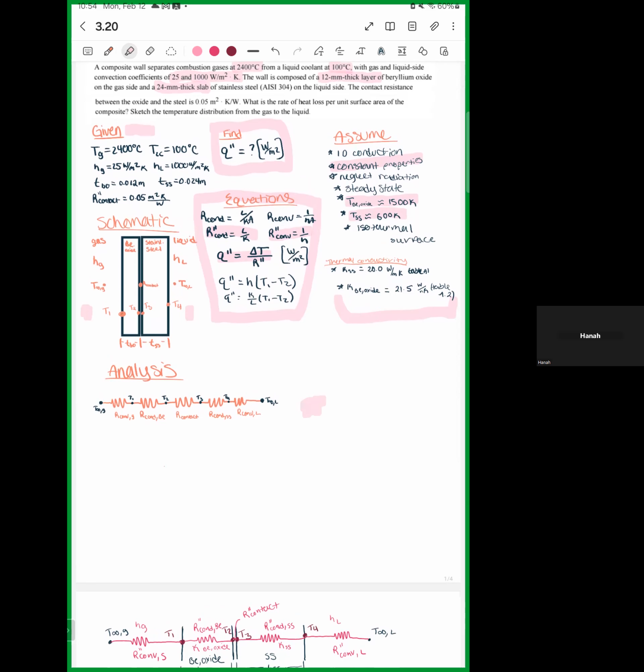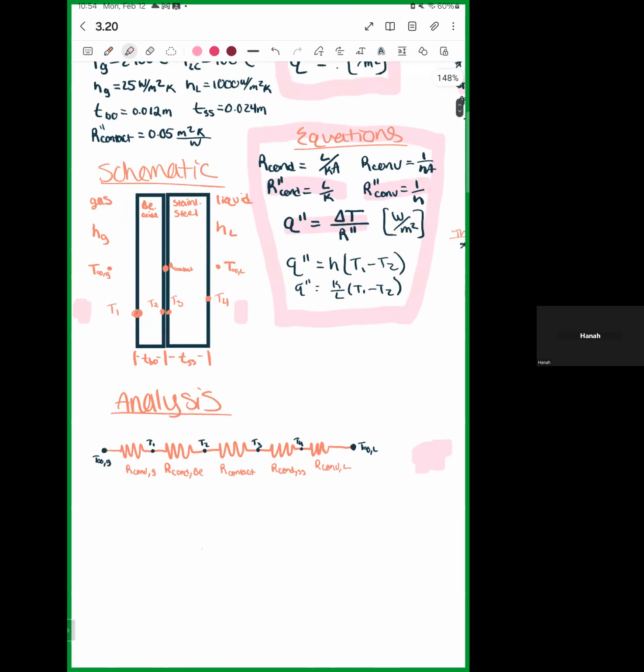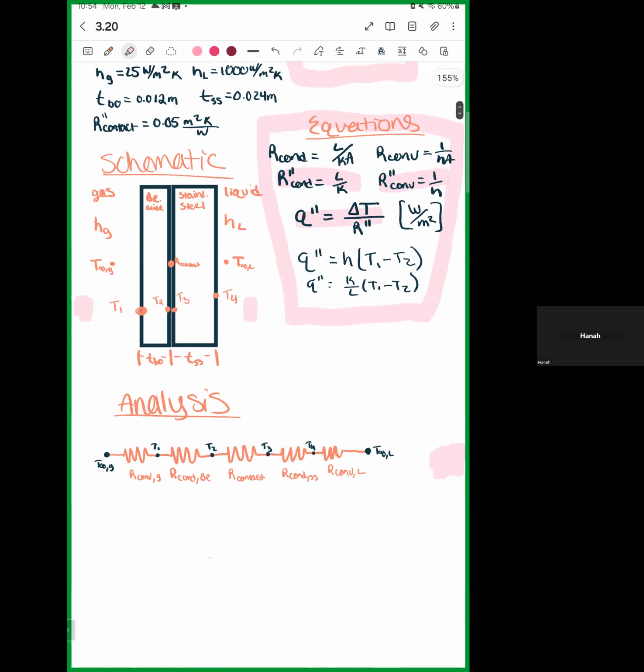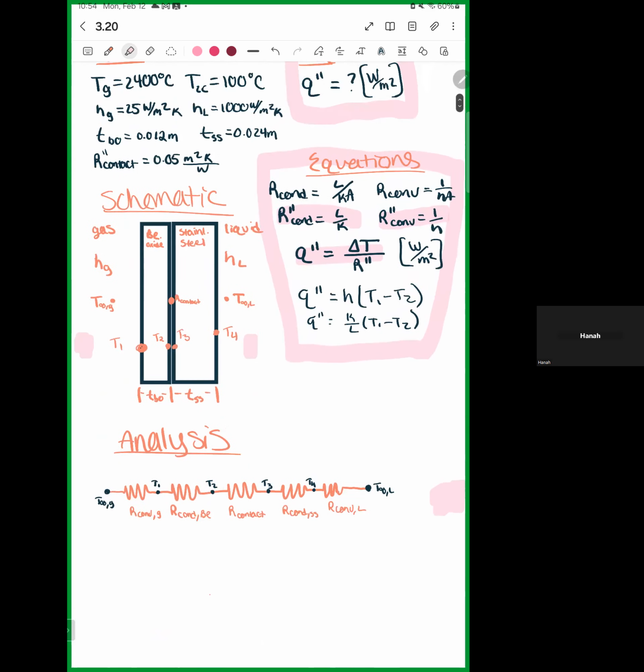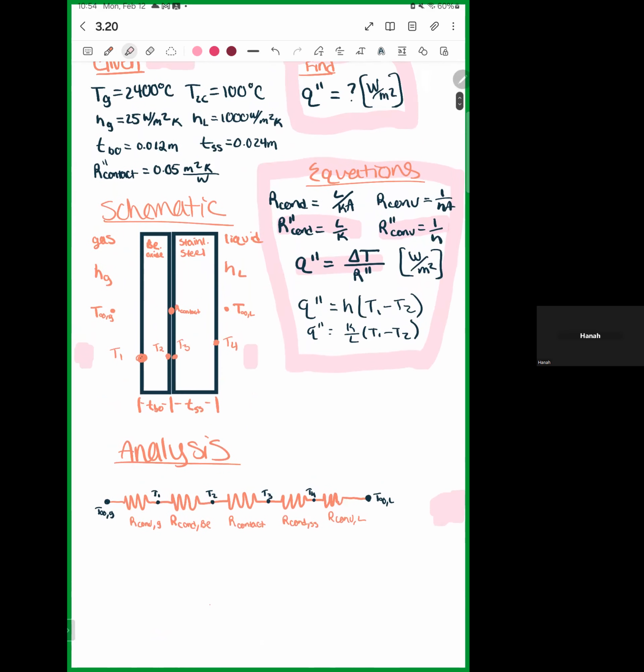We don't have anything running in parallel, but to zoom in, we have the temperature of the gas, T infinity g, that's separated from temperature T1, shown up here, by the R convection in the gas.